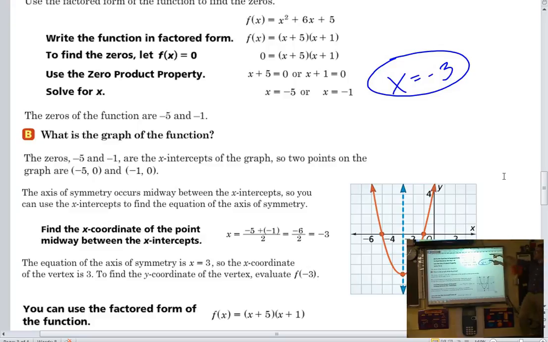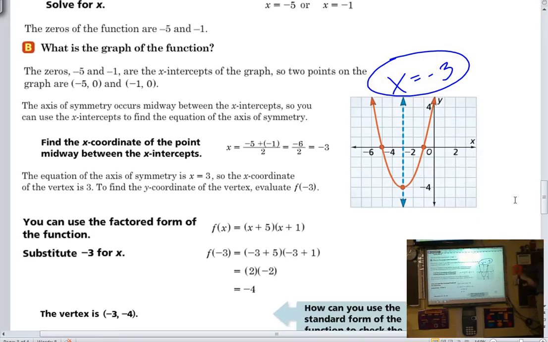We plug our negative 3 into here. Negative 3 squared would be 9 minus 18 plus 5. So 9 minus 18 takes me to negative 9, plus 5, negative 4. We find our vertex point.